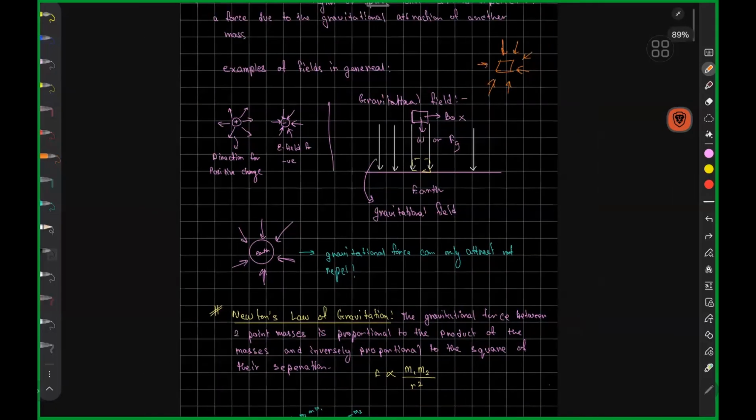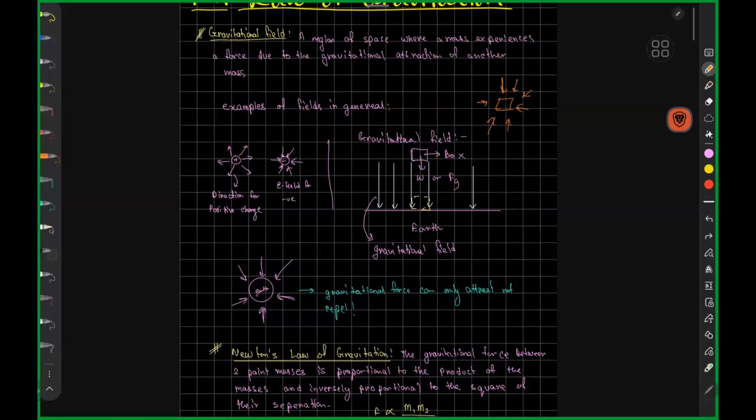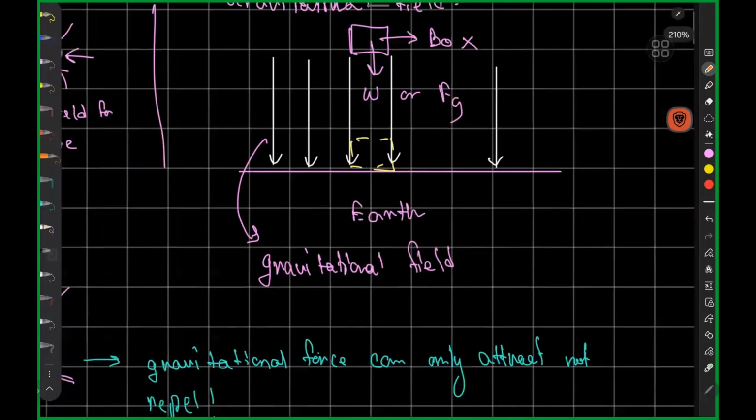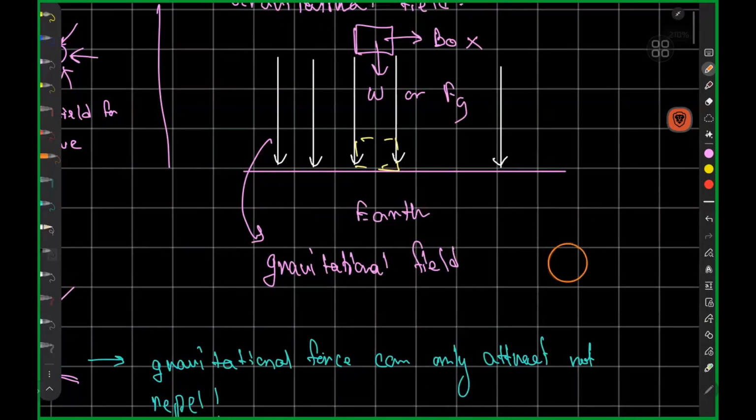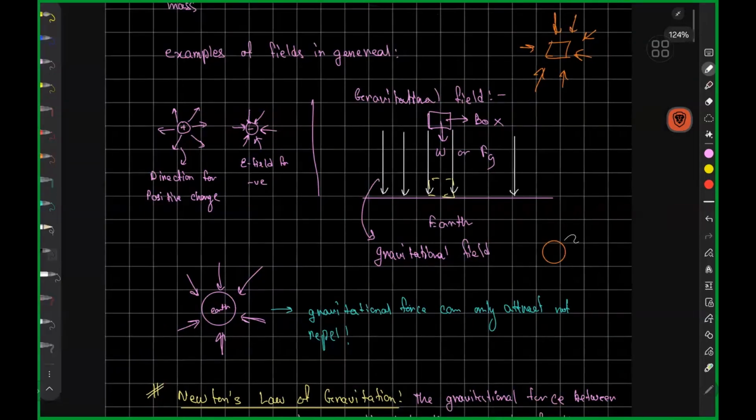If I look at Earth from outer space, so if this is my Earth, and I have the field lines, how do the field lines look?